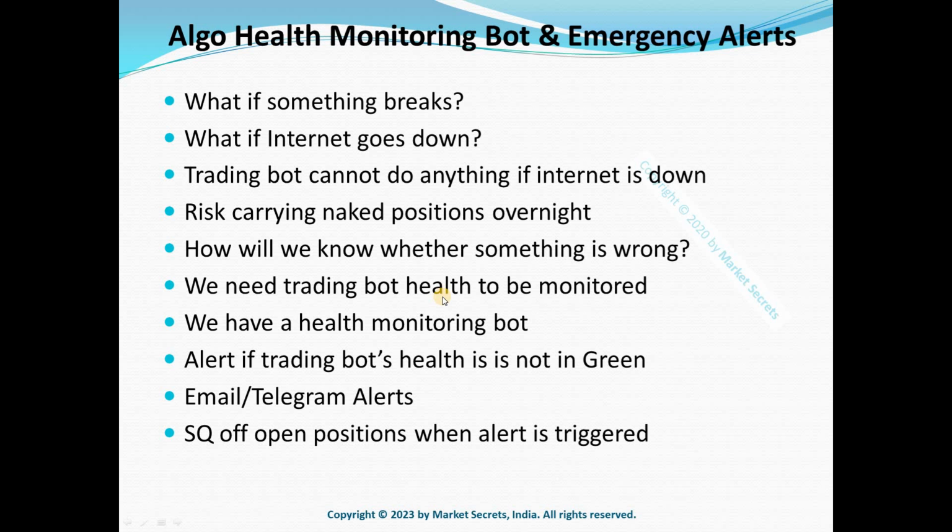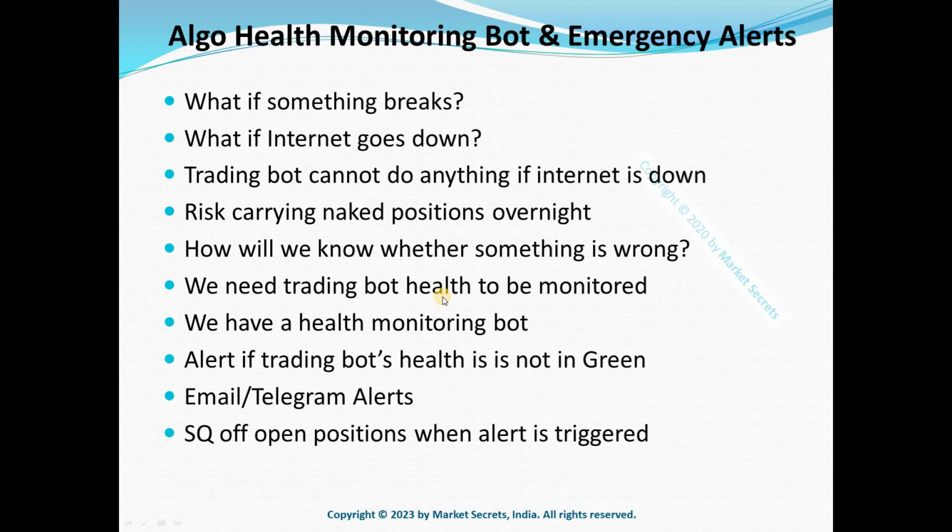So whenever this alert is triggered, we'll know that something is wrong with our trading bot. We just have to log in to the mobile app or web app, and do the action item that is instructed by the emergency bot. So that's how it is built.